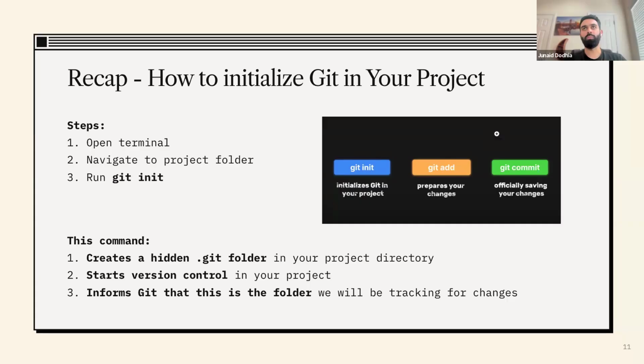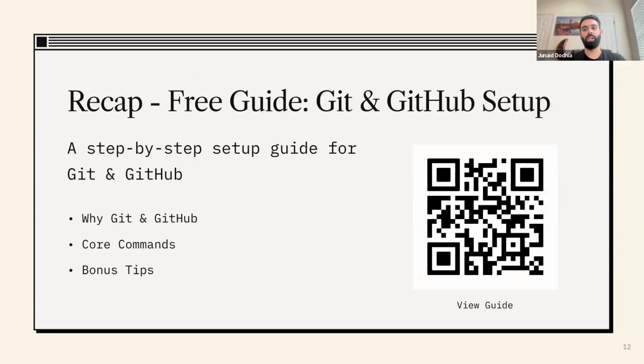Git add will inform your version control that this is a staging area for your changes, and git commit would officially save those changes for you, and then git push would push those changes to GitHub. This free guide will actually help you do all of this step by step. We covered it last time in our session, but this guide will help you move fast.